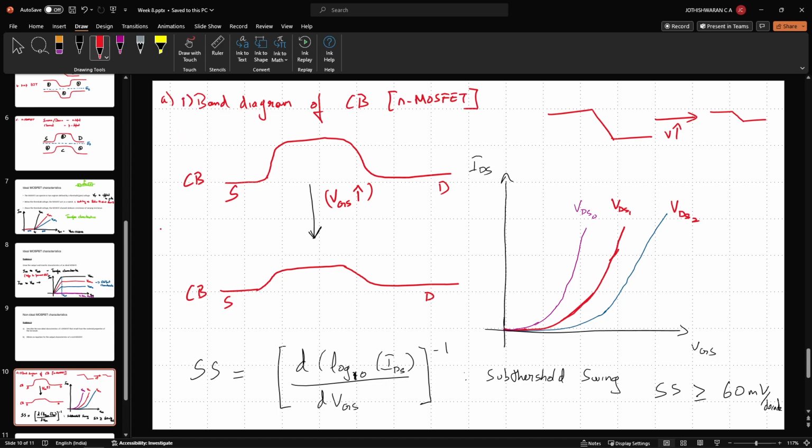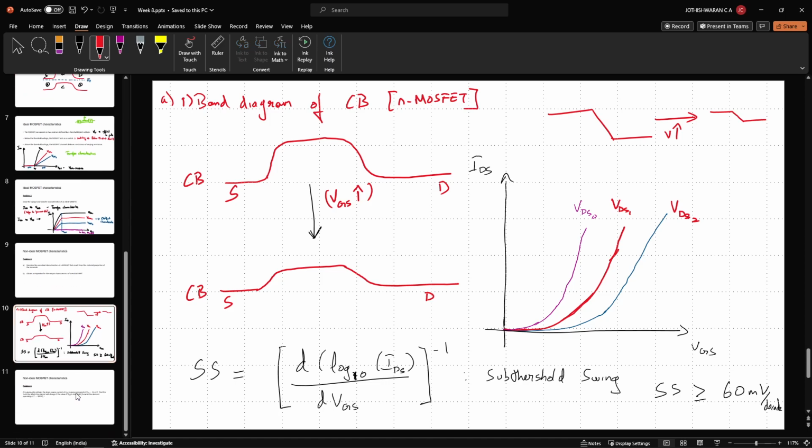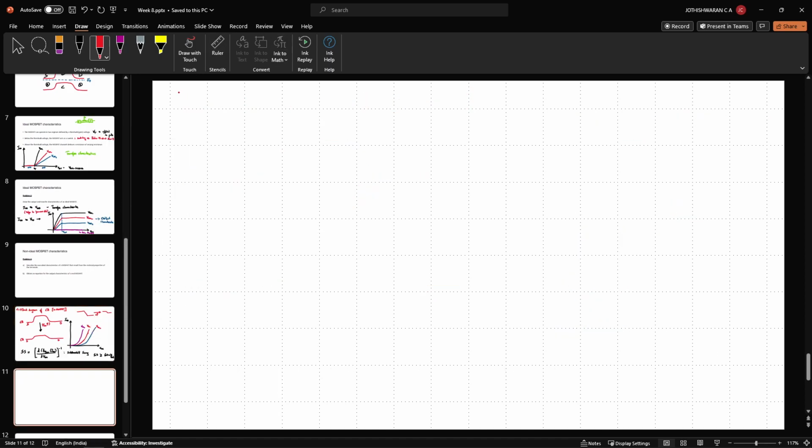Okay, now this is the first non-ideal behavior which we are studying, the subthreshold swing. Now we are still in part A, going to part 2. Rather than looking at the gate voltage, now we are going to look at the VDS, or VSD, whatever, the drain source voltage.